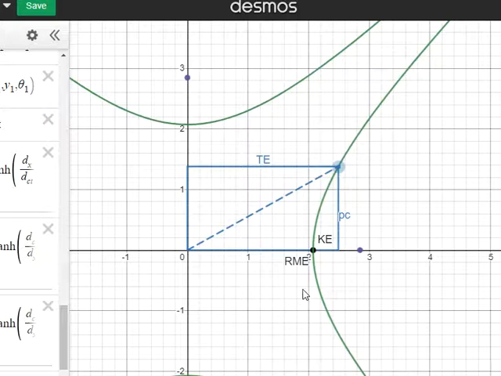Let me try to show that one more time. The rest mass energy is from here to here, and the kinetic energy is from here to here. The total energy is the length of this line here, and the momentum times the speed of light is the length of this line here.